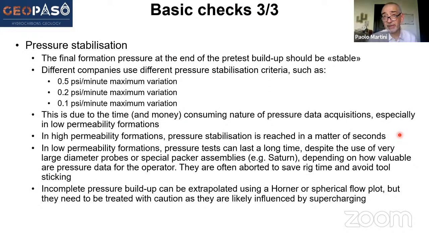Most of the times, if you are on the rig site and you see that the pressure is increasing too slowly, you just drop the point, say it's a tight point, and you move on to the next, just to save rig time. And also to avoid possible tool sticking, because staying stationary with a wireline tool for too long can be risky.